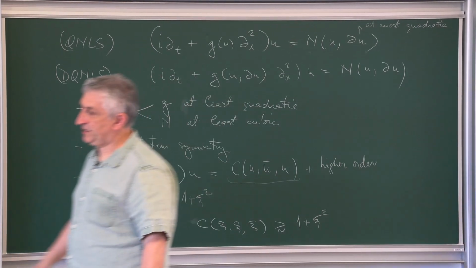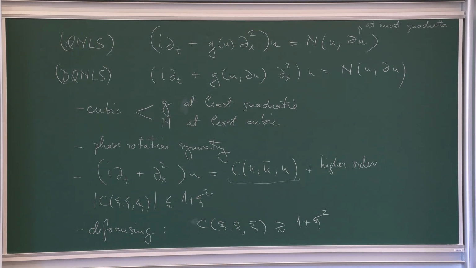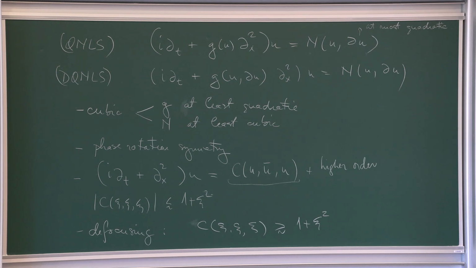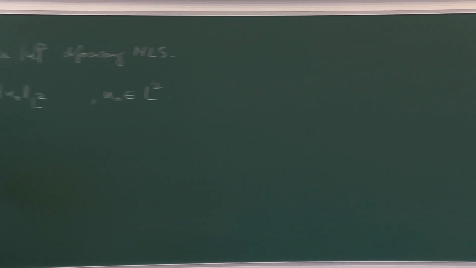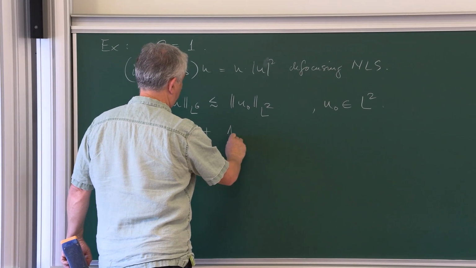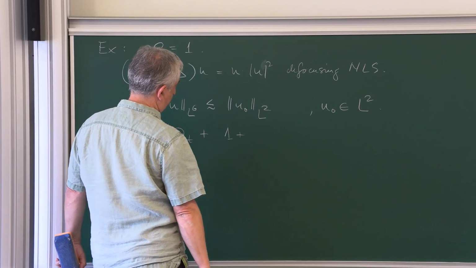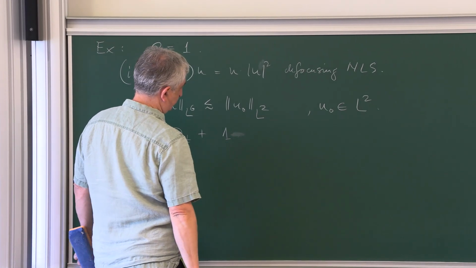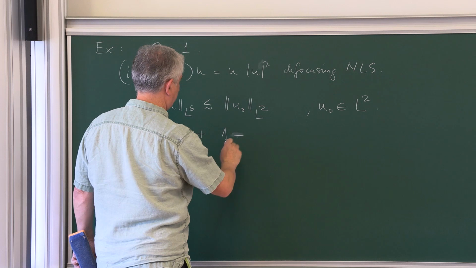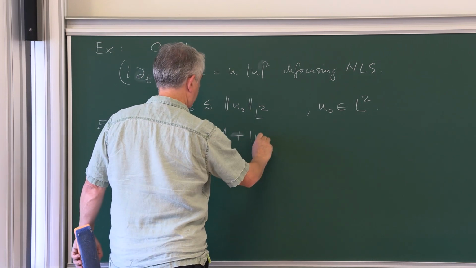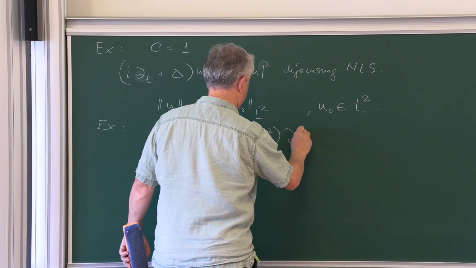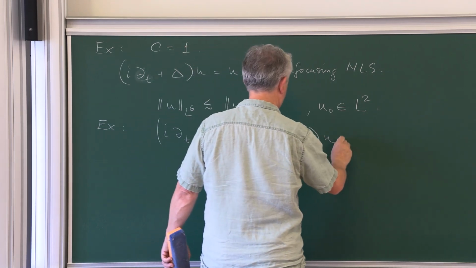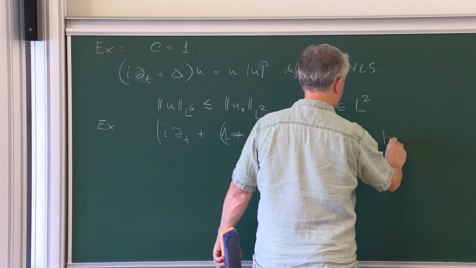So just if you want an example, I can write down one in here. So it would be I dt plus, let's say, 1 plus, let's see, plus or minus 1 minus, no, it's plus u square dx square u would be u times u square.